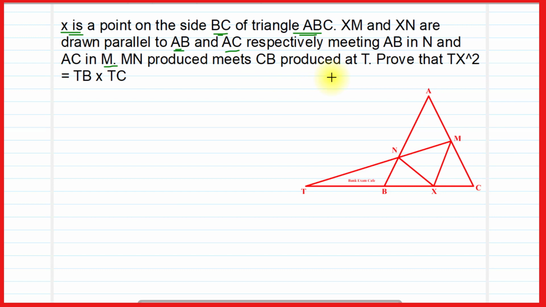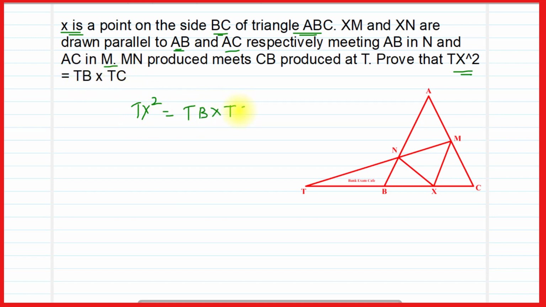MN produced meets CB produced at T. If MN is produced, if its length is increased, it meets BC produced at point T. And we have to prove that TX square is equal to TB into TC.